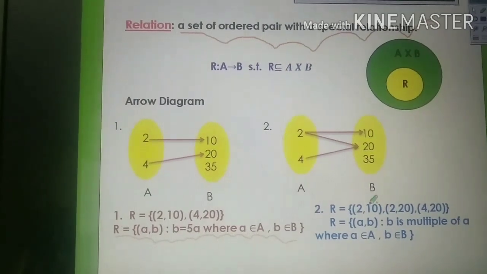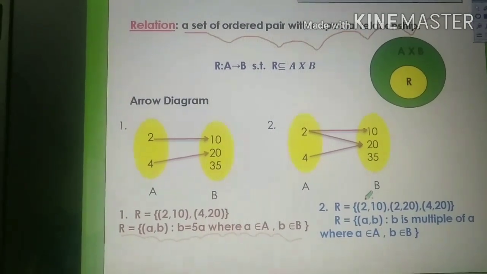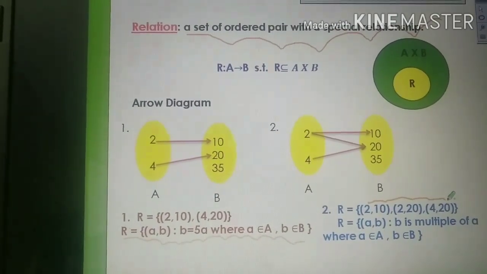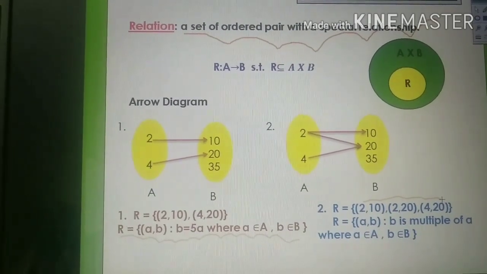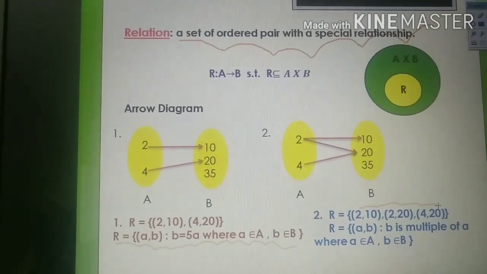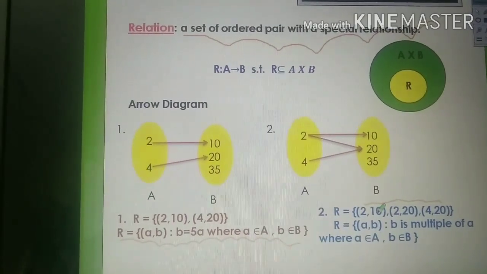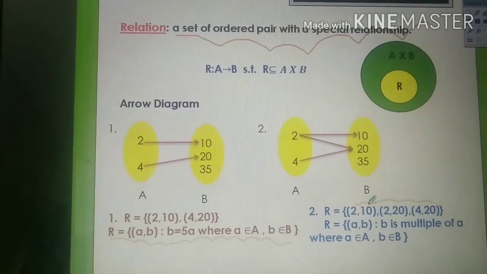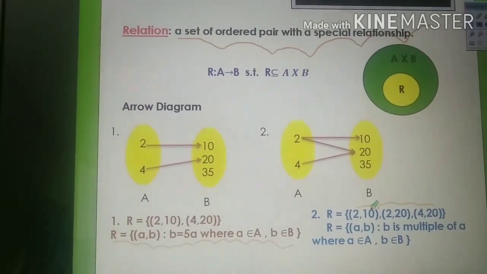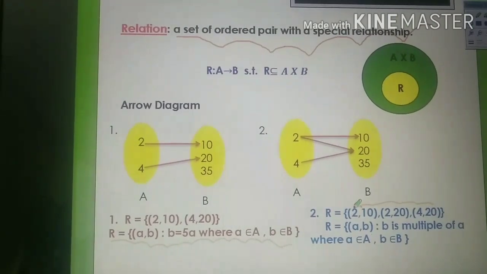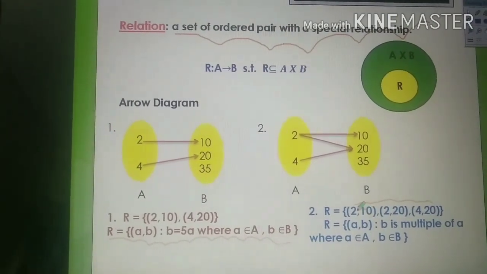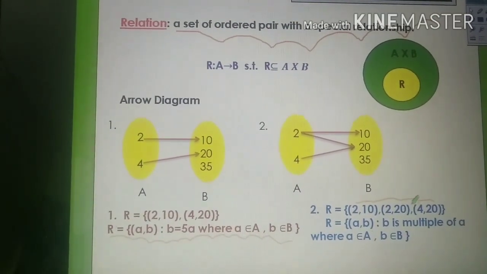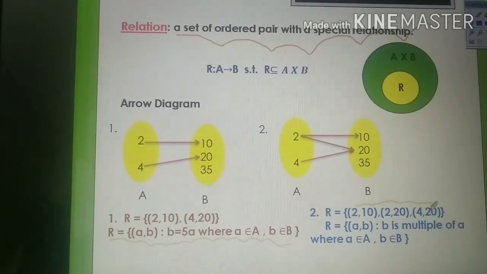So we have these three elements in another relation, that is (2, 10), (2, 20) and (4, 20). There is also some relationship between first and second element of an ordered pair. That second element is a multiple of first element. 5 times 2 is 10, 10 times 2 is 20, 5 times 4 is 20.